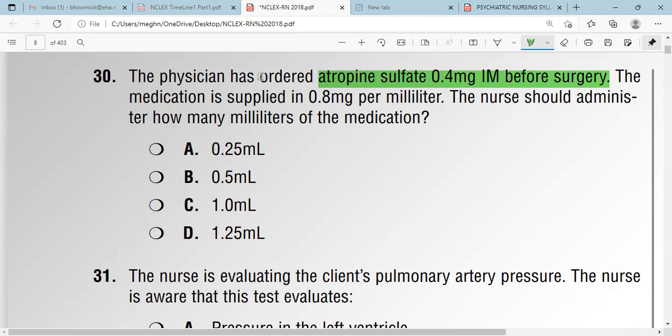Atropine sulfate is the doctor's order, right? The medication supplied means your pharmacy gave you this. So what should be the answer? So the nurse should make a calculation.